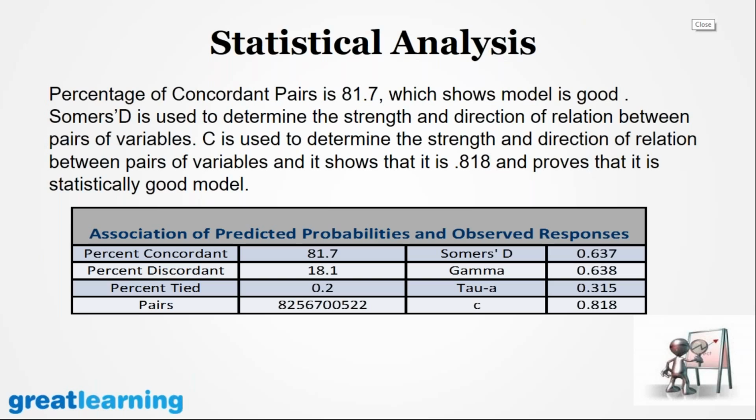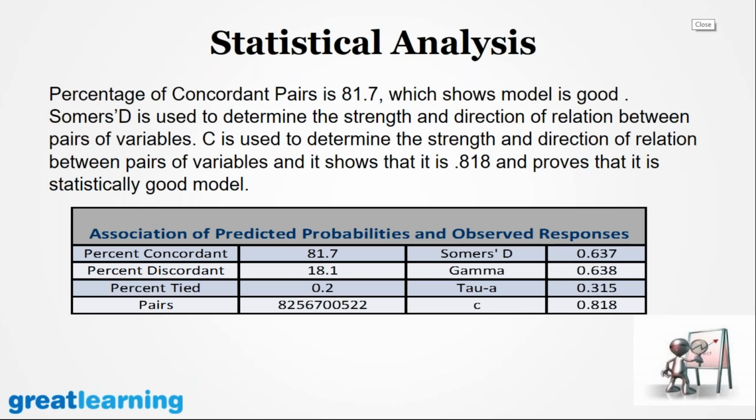Percent concordant: when you compare pairs, the one you are trying to target, for example orders, has a value of 1, and the one with no order has a value of 0. When you take a pair, the predicted value for the target, the one which is 1, should be more than for the 0.